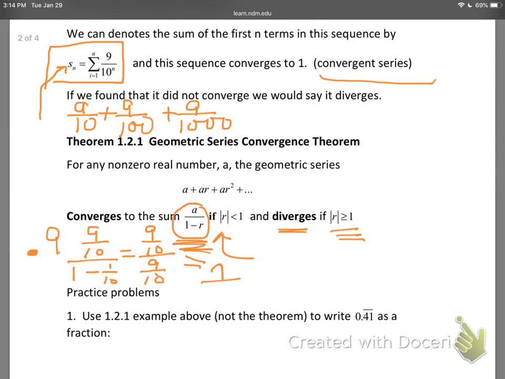And because the absolute value of r was 1/10, and since this is less than 1, it makes perfect sense that that does indeed converge, and it converges to 1. Okay, now let's work on the practice problems on the next page.